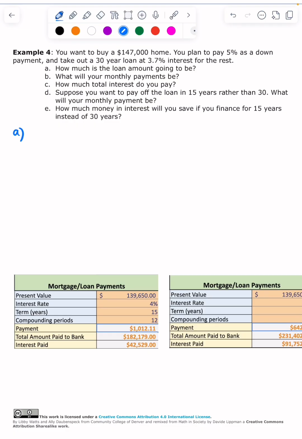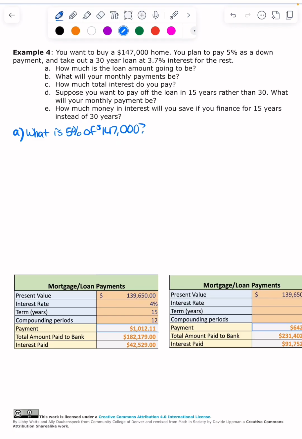So we're paying 5% of $147,000. So that's what we did at the very beginning of the course. It's kind of like asking what is 5% of $147,000.